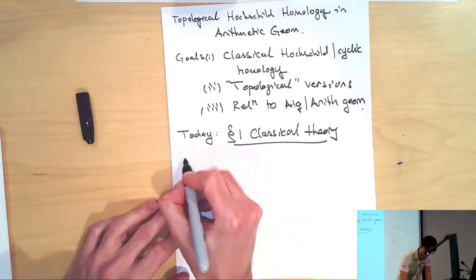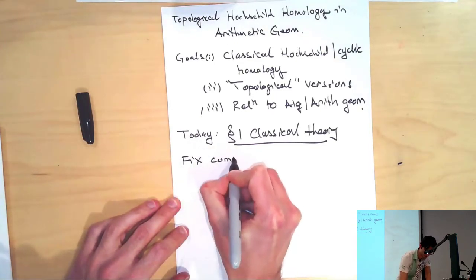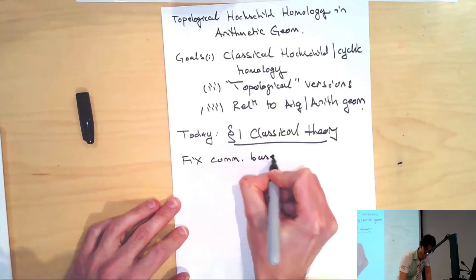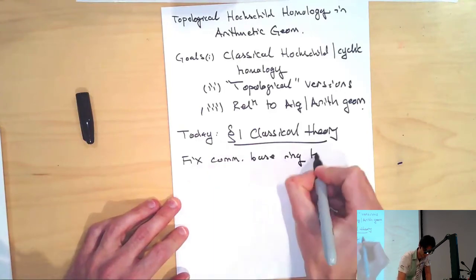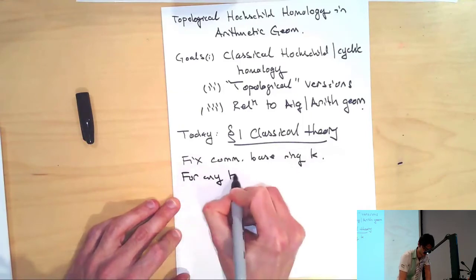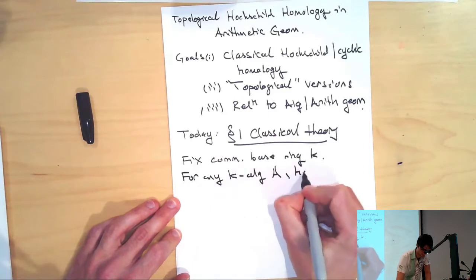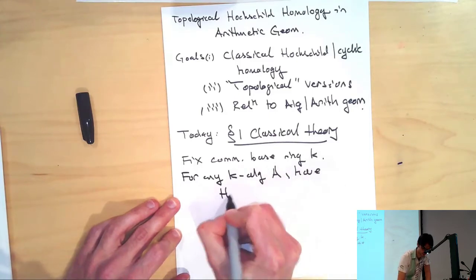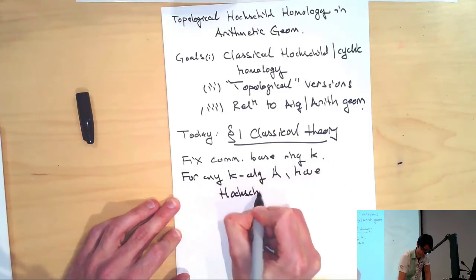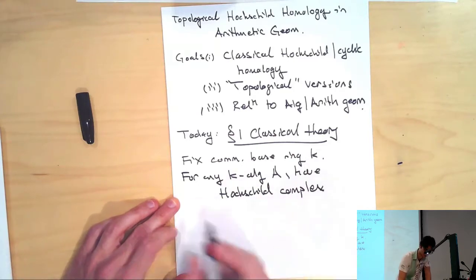So let me fix for today some commutative base ring K, and then for any K-algebra A, we'll consider various sorts of invariants. We have this thing called the Hochschild complex, defined explicitly as follows.